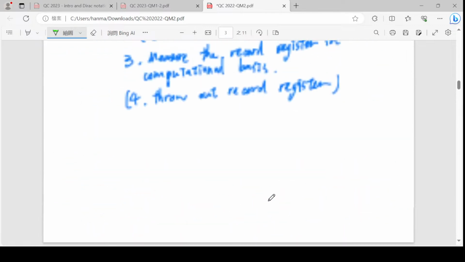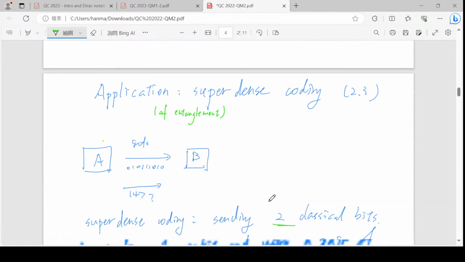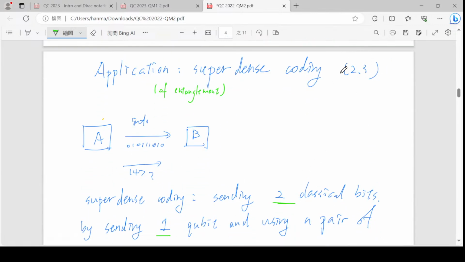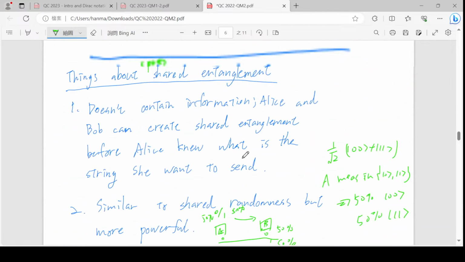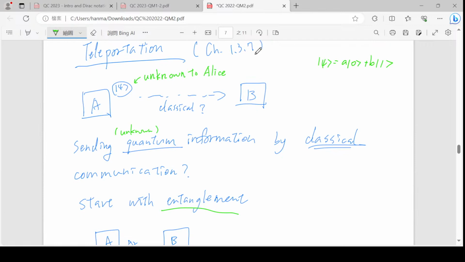So, yeah, it's funny. This is in book chapter 2.3, but teleportation is really similar, actually in book chapter 1.3.7. Anyway, teleportation is kind of the opposite side of superdense coding.